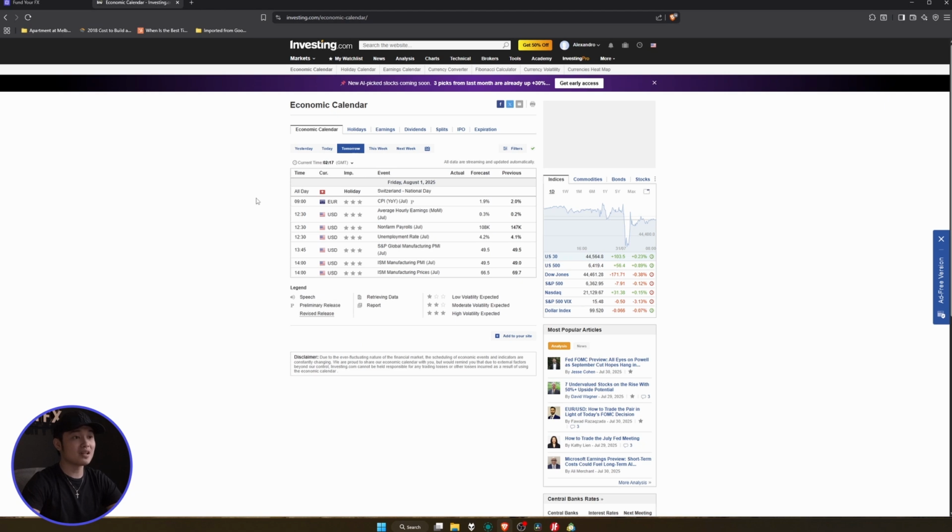The previous data shows 147,000, and the forecast is going to come in lower, at 108,000. So you have to keep an eye on tomorrow's non-farm payroll. And for the unemployment rate, we are going to see an increase of 0.1%, or 10 basis points.